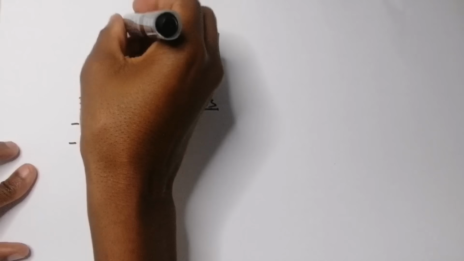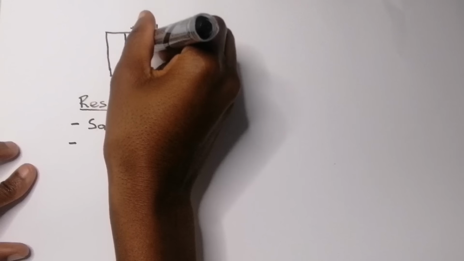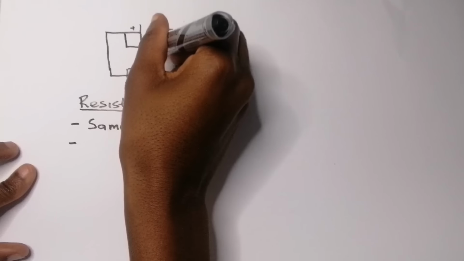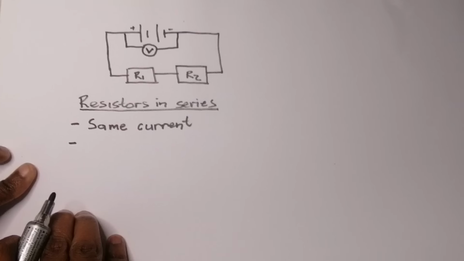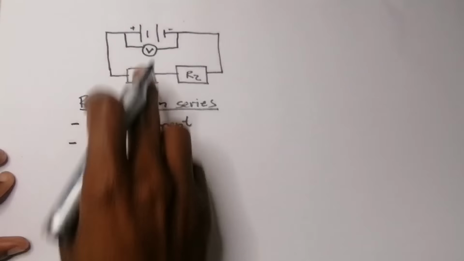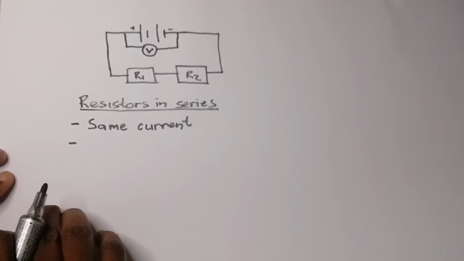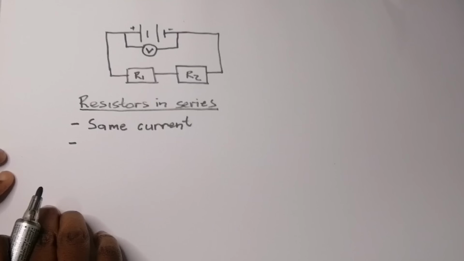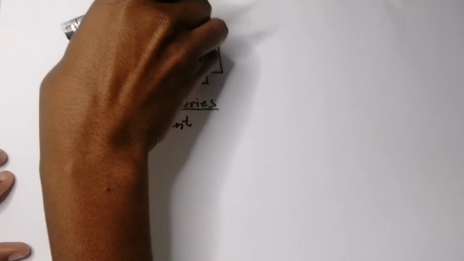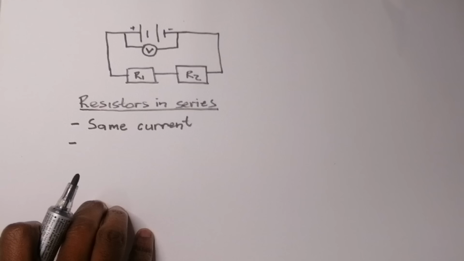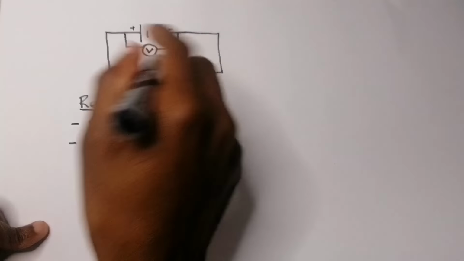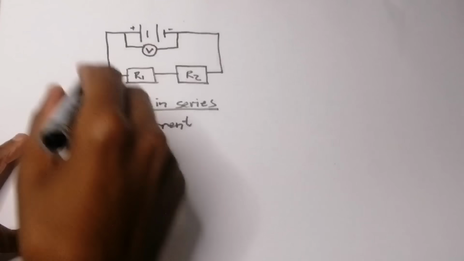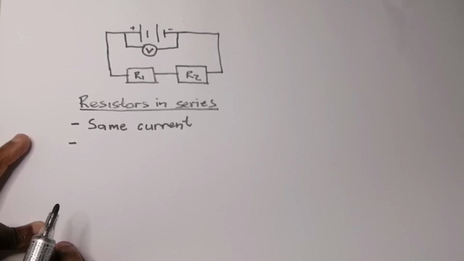Please listen carefully. Suppose a battery gives me a certain amount of electric potential. The total voltage that the battery provides will be the total energy that is used across my circuit.